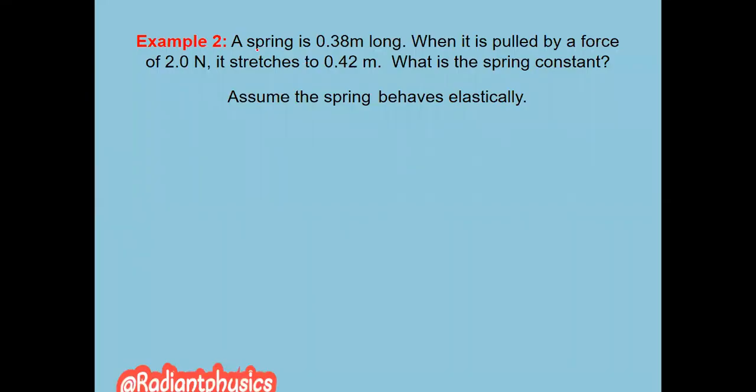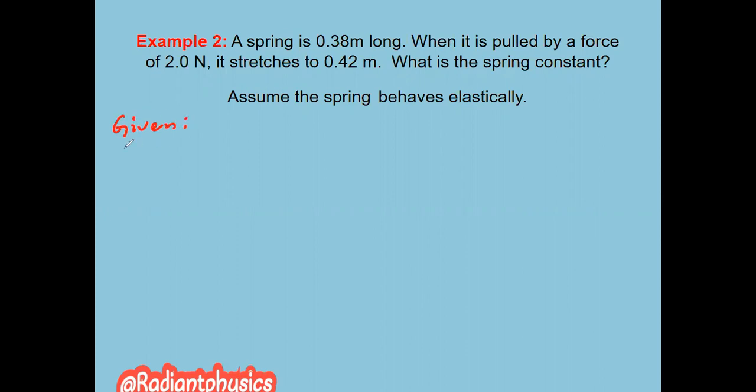Here we have the second example, which says that a spring is 0.38 meter long. When it is pulled by a force of 2.0 Newton, it stretches to 0.42 meters. So what is the spring constant? Assume the spring behaves elastically. We are going to use the same method. It's very simple. So let's write out the parameters we have.